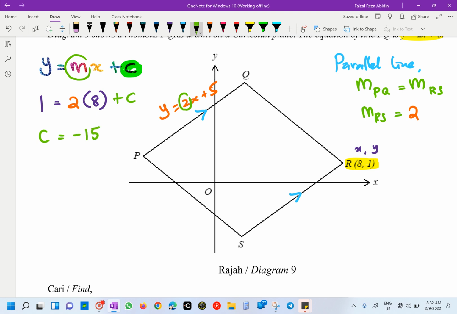So now can I find my equation of straight line RS? Yes, you can by substituting only. Y jangan buat apa-apa. Equals to m, kita masih lagi 2. X jangan buat apa-apa. Tapi kita punya c sahaja kita jadi negative 15. This is the answer.